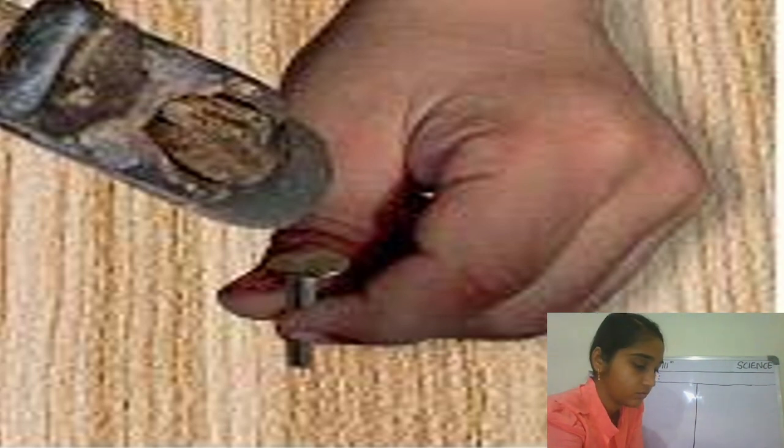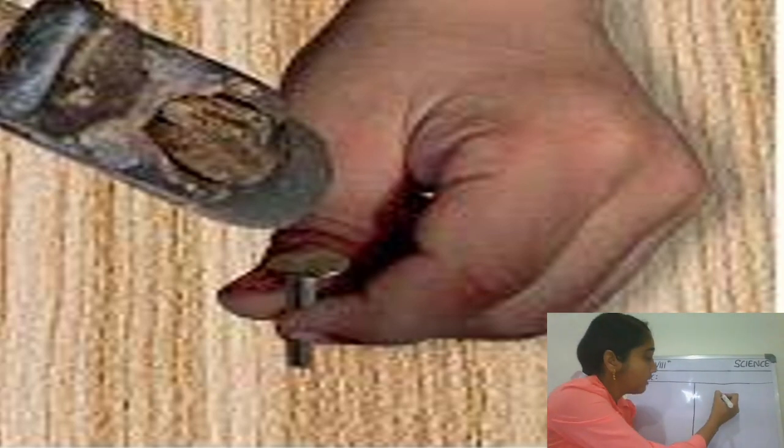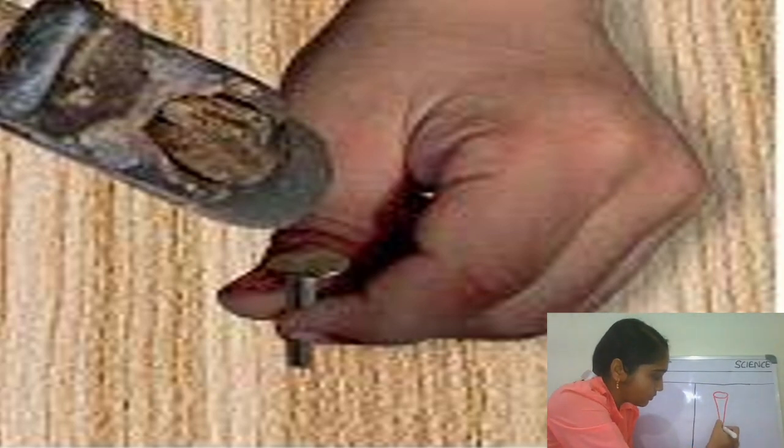Yes, students, you can think of examples you might have seen at your homes also. You must be saying that we always hit the hammer on this broad part of the iron nail, and the pointed part we stick into the wall.